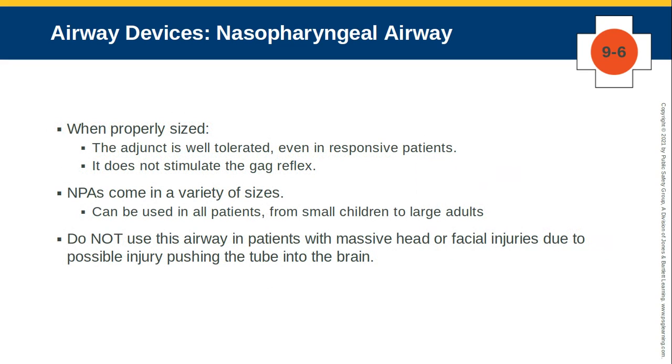When it's properly sized, it's going to be well tolerated, even in a responsive patient, because it doesn't go through the back of the mouth and stimulate the gag reflex. They come in a variety of sizes, and it has to be properly sized. Remember not to use this with head or facial injuries because the complications from pressure on that injury could be very severe.